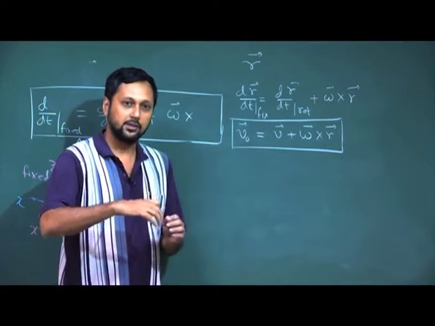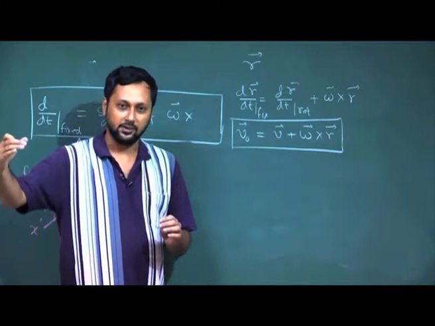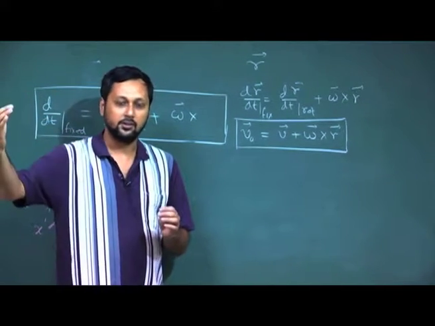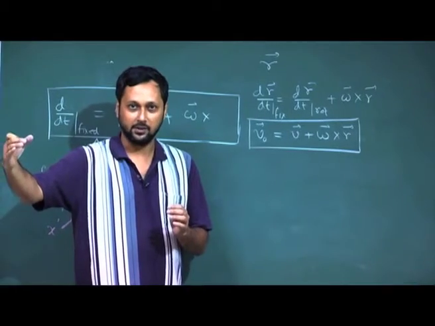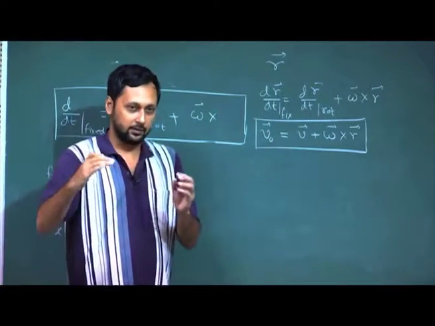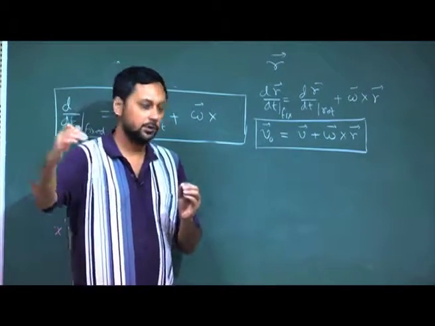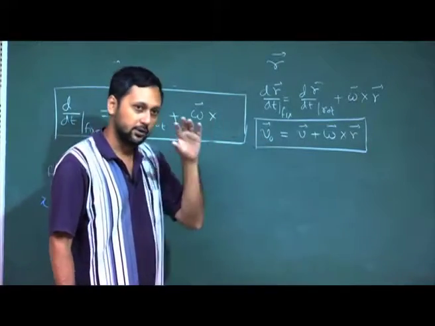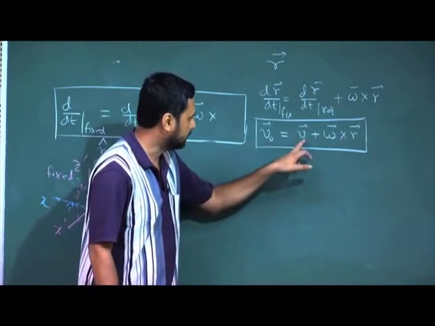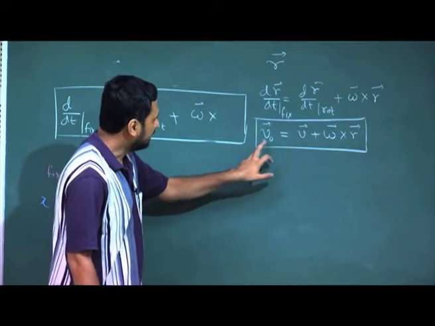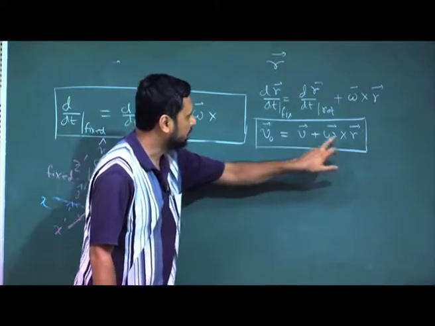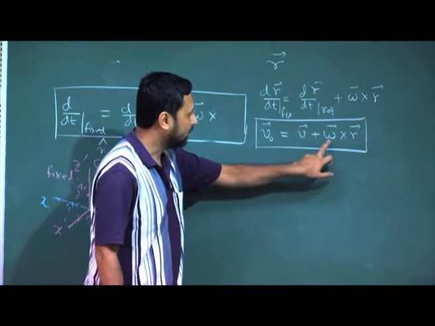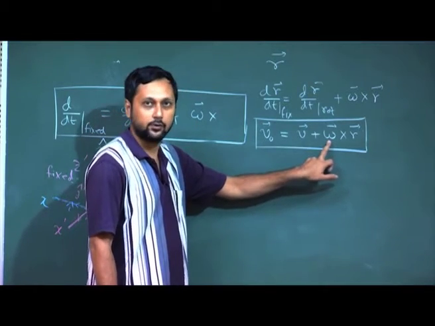Now if we measure the velocity from outer space, from some spaceship which is fixed in outer space, that velocity will be v0, and the velocity we measure from earth is v. So, they are related by v0 equal to v plus omega cross r. In that case omega will be the angular velocity of earth's rotation.